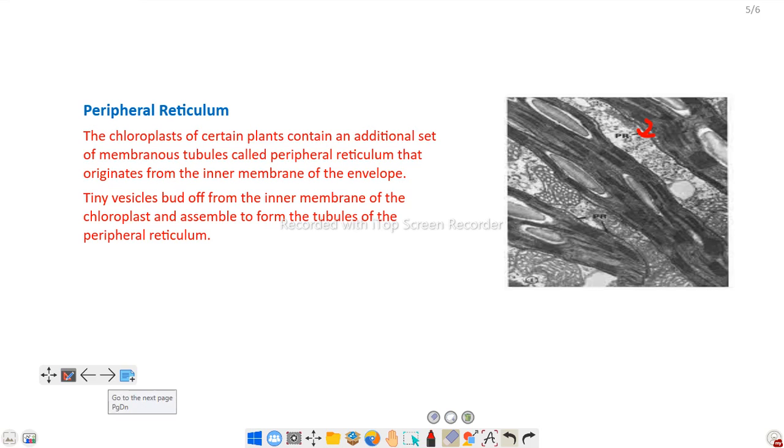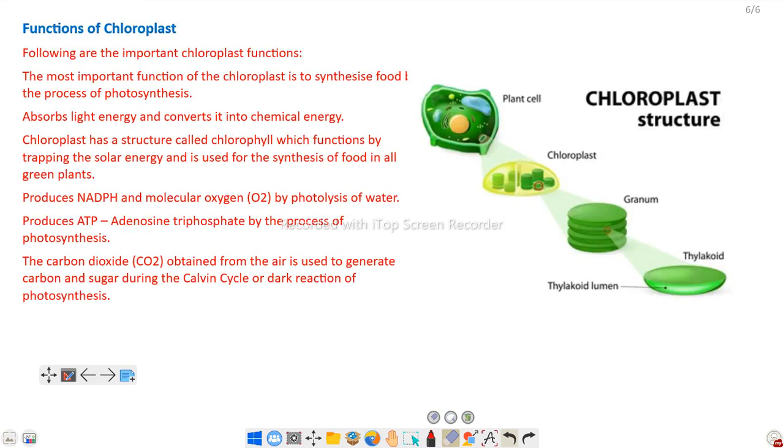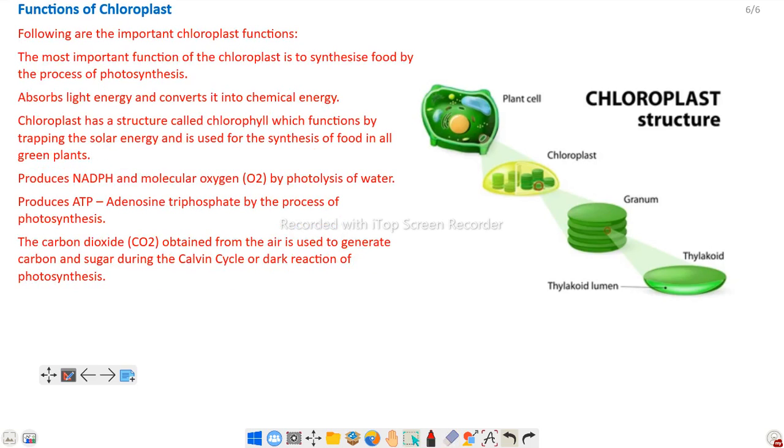Next is function. The most important function of the chloroplast is to synthesize food by the process of photosynthesis, where light energy is converted into chemical energy. As it contains chlorophyll inside, and chlorophyll captures the sunlight, it is able to produce carbohydrate food material by photosynthesis. So overall, it helps in synthesis of food in autotrophic organisms. It absorbs light energy and converts it into chemical energy.